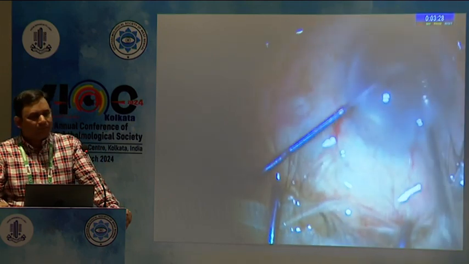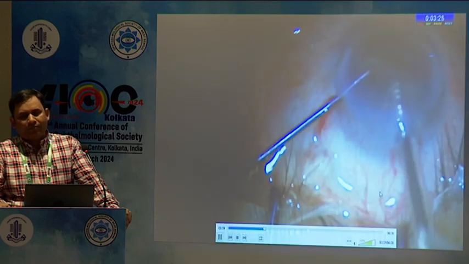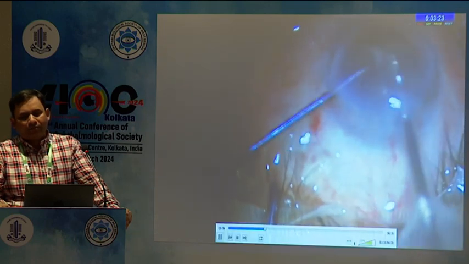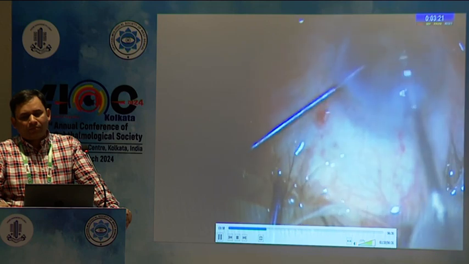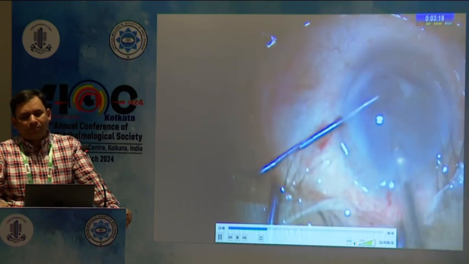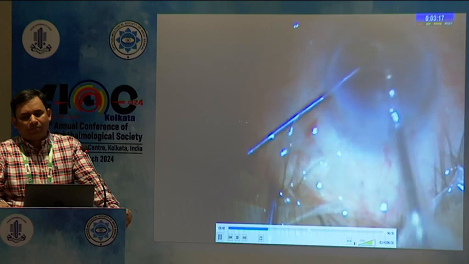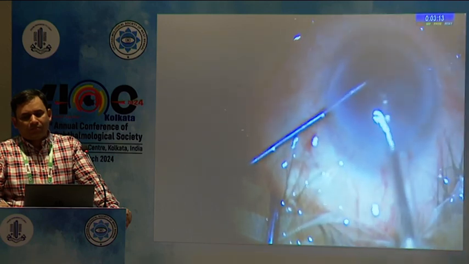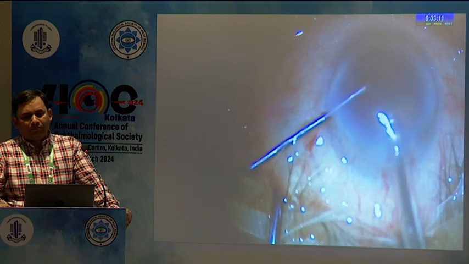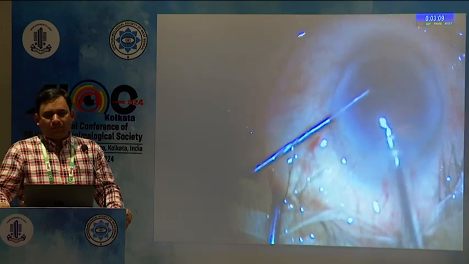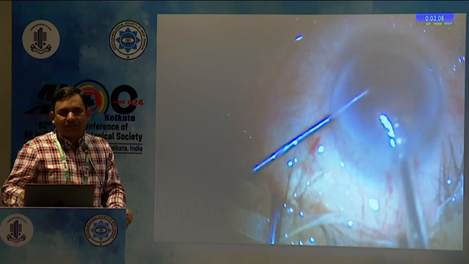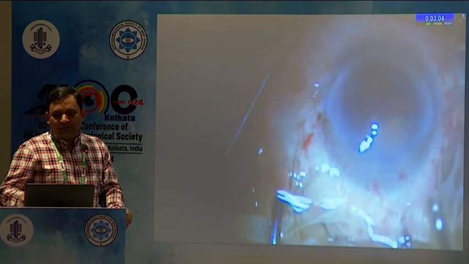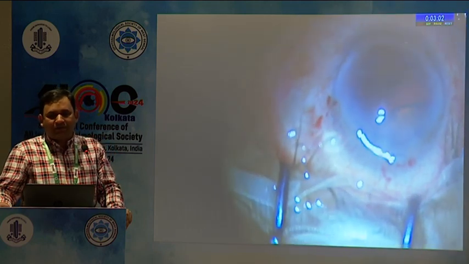Most likely it must have happened during hydrodissection. We can see the nucleus is subincisional, present in the vitreous cavity.